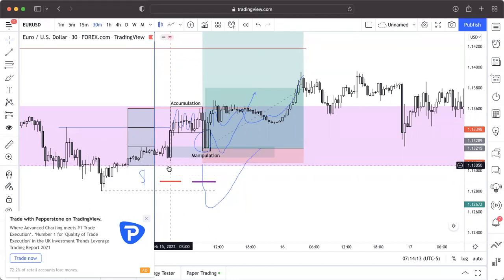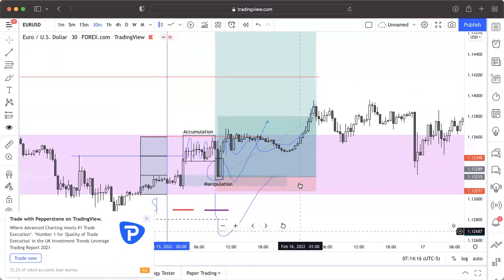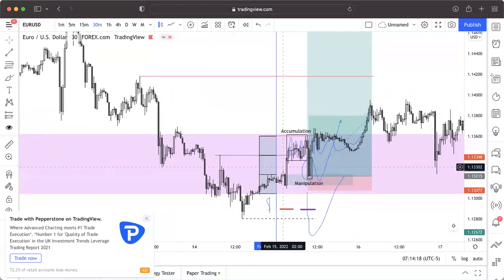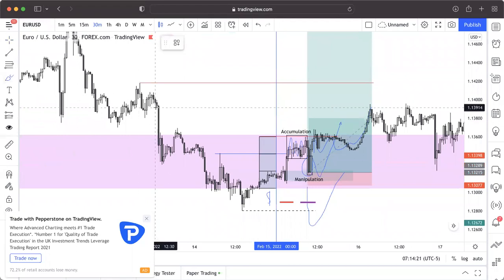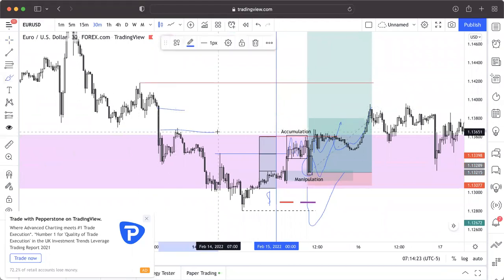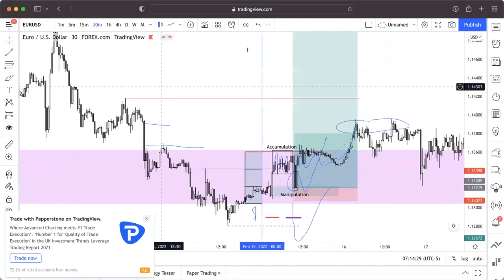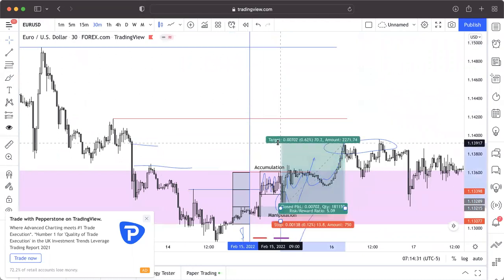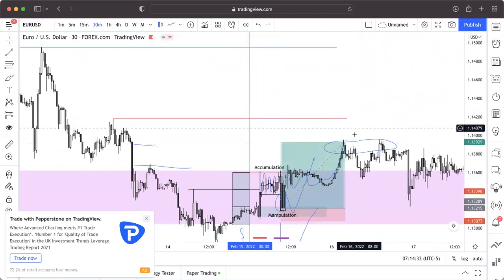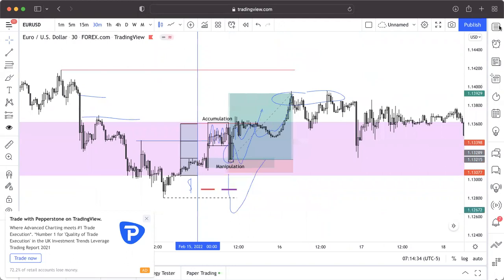So in this case, it was kind of tricky, but you see it still worked out and it offered quite a nice trade. Obviously, it had to fill in this imbalance right there, which happened over here. So I believe it gave around a 1 to 5 setup. So yeah, that was it.